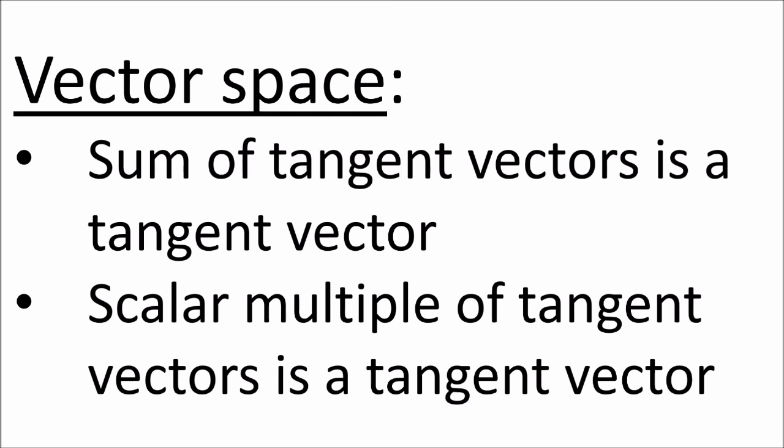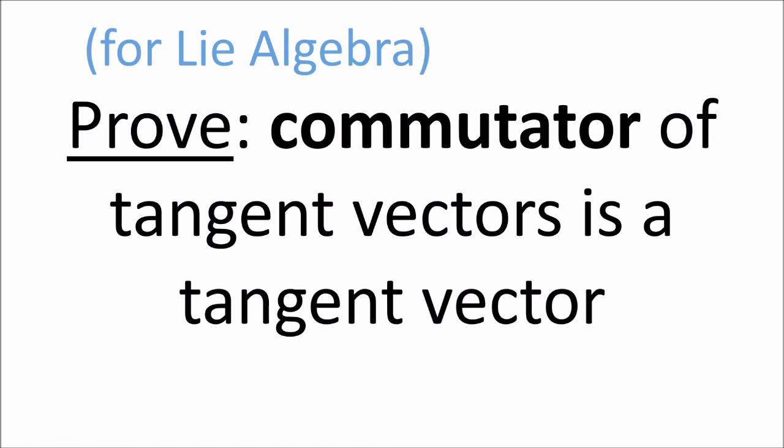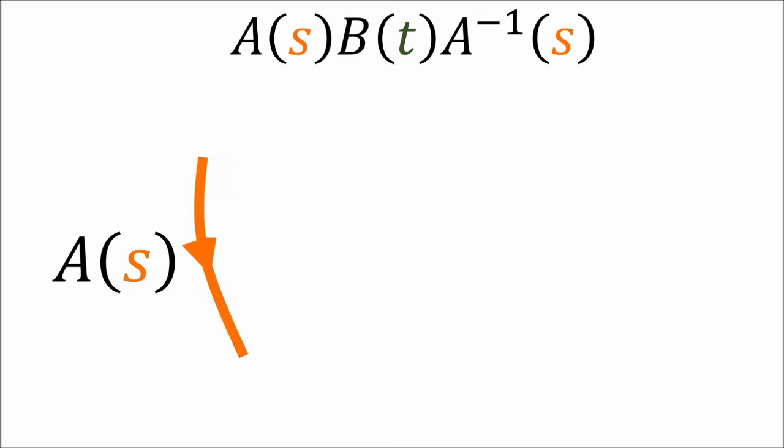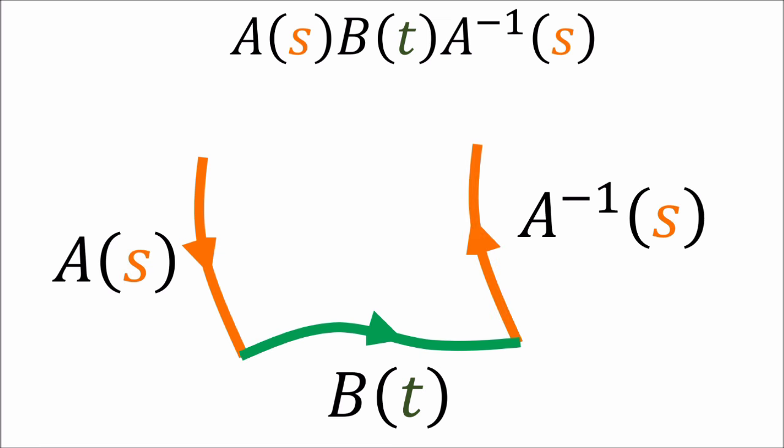But to prove that the set of tangent vectors forms a Lie algebra, we need to prove the commutator of tangent vectors gives another tangent vector. To prove this, we'll look at a path in the group big G with 3 legs, a of s, then b of t, then a inverse of s, which takes us along the path a of s, but in the opposite direction.